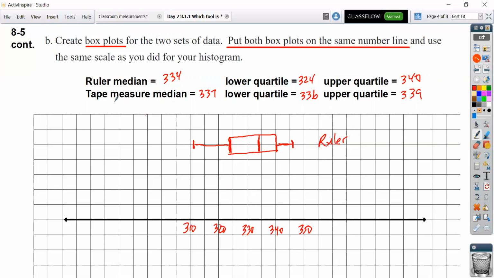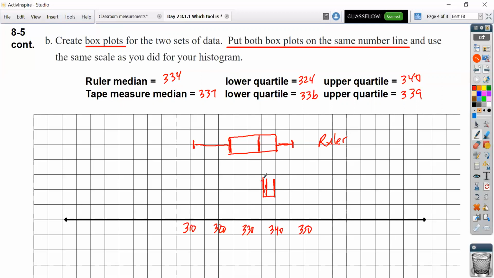Now the tape measure median. The median is at 337. Here's 35. Here's about 37, let's say. The lower quartile is at 336. Wow, those are close. The upper quartile is at 339.